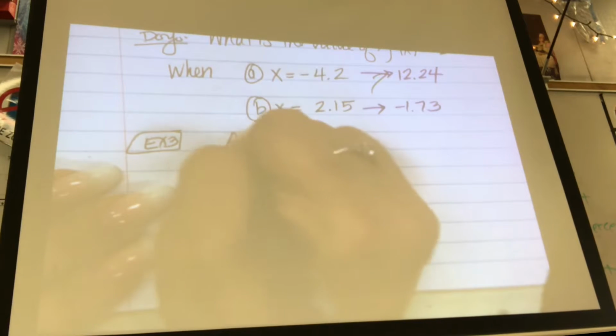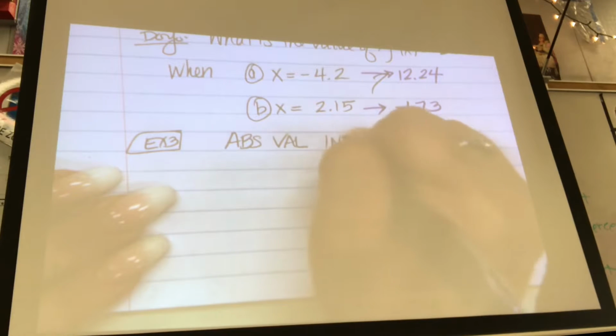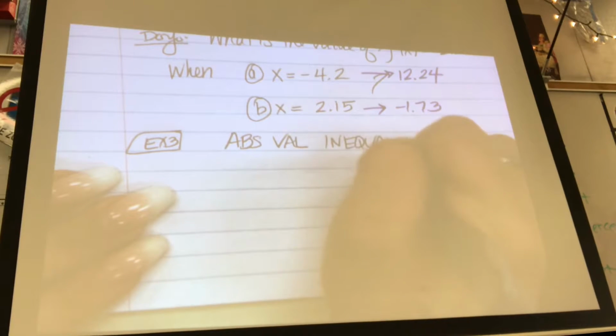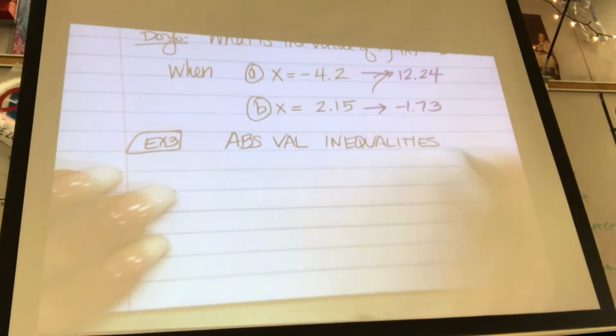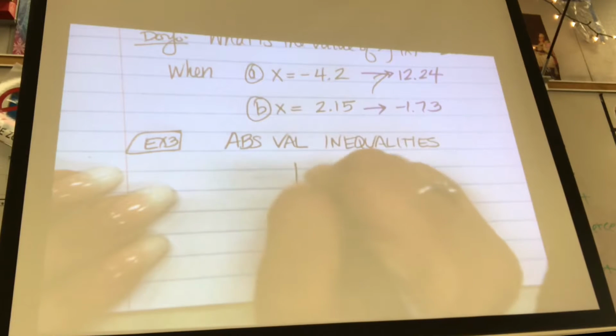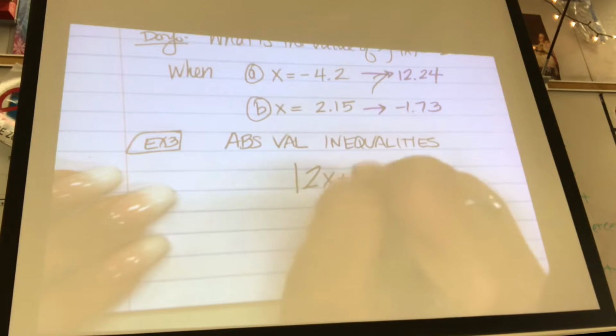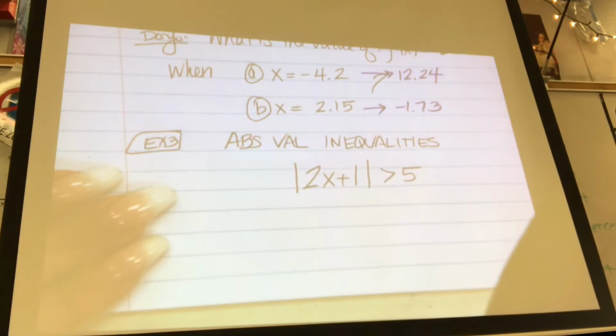Example 3 is absolute value inequalities. Jaden, are you copying this down? Absolute value of 2x plus 1 being greater than 5.